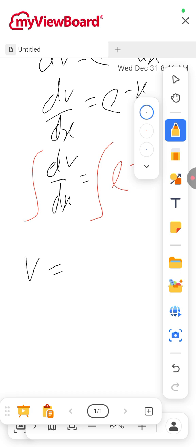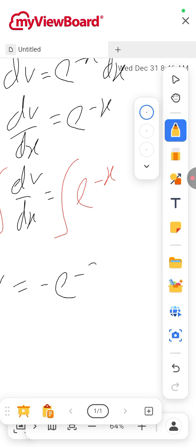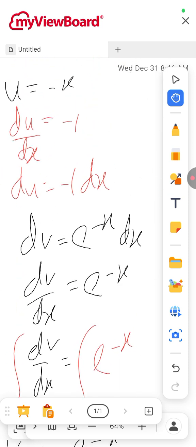So my v now is equal to the integration of e raised power minus x. And if you integrate e raised power minus x, you will get minus 1 times e raised power minus x. This is from integration of exponential function. Hope you remember that. So that's why the prerequisite for this course is mastering your integration techniques. So that's my v.